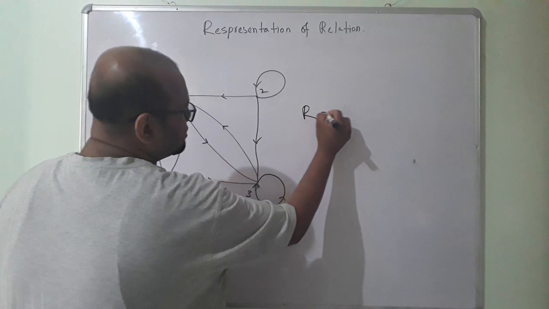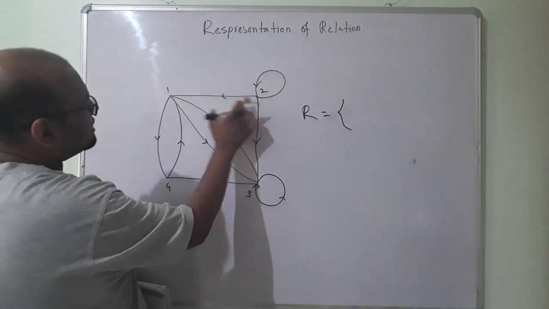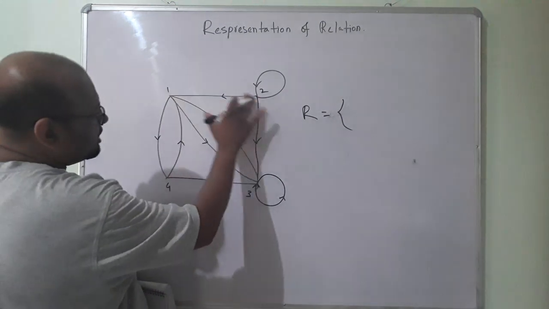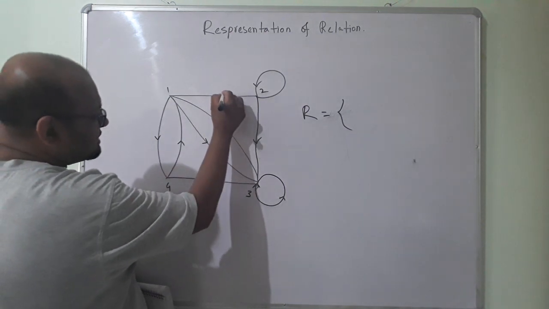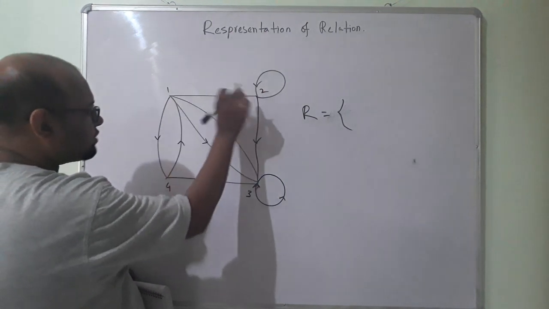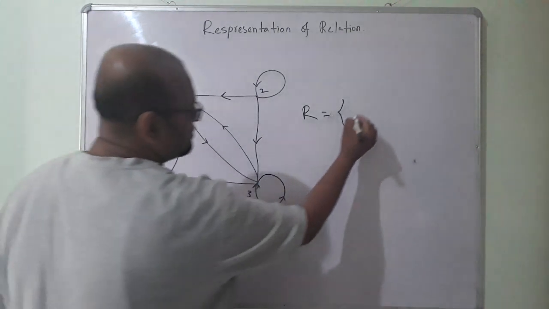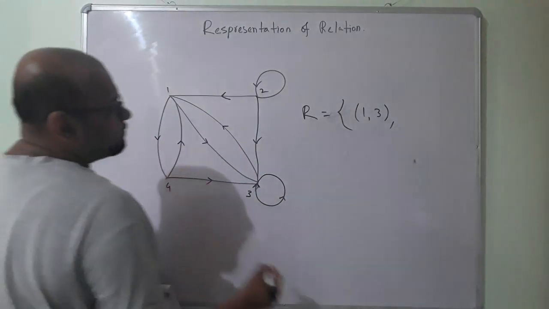So 1 1, is it there? There is no self loop, so 1 1 is not there. Is 1 2 there? No. 2 1 is there. This edge means that 2 1 is there, 1 2 is not there. What about 1 3? Yeah, 1 3 is there. 1 4 is there.